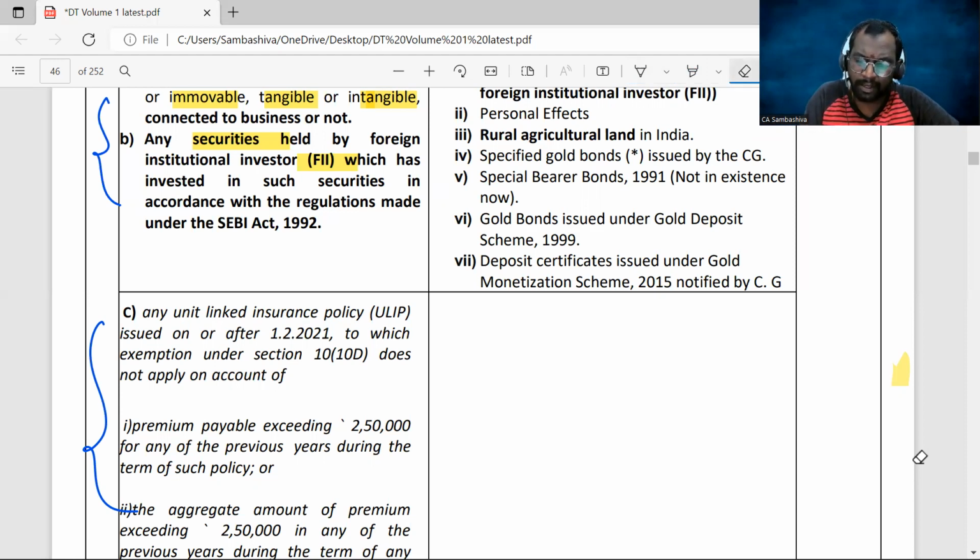Any unit linked insurance policy, ULIPs, issued on or after 1st February 2021, to which exemption under section 10(10D) does not apply.